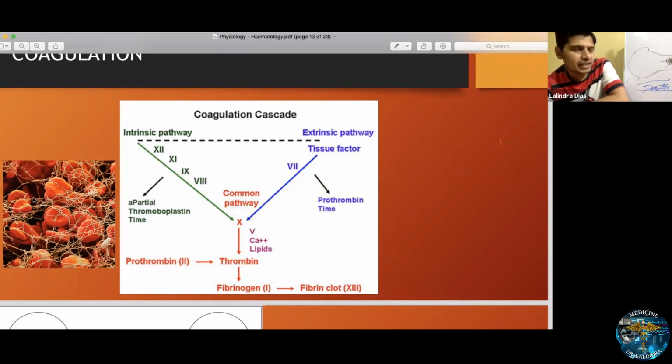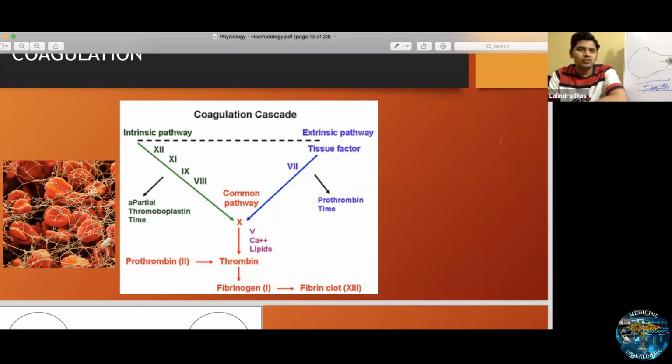Okay, so factors 8, 9, 11, 12. Those are the factors in the intrinsic pathway.